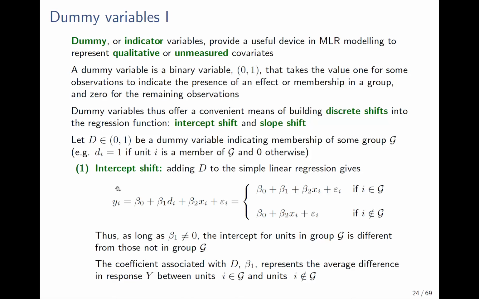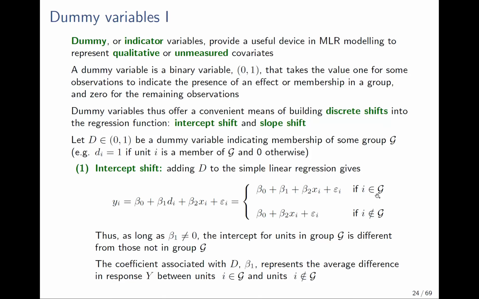So let's look first at intercept shift. Let D be a dummy variable indicating membership of some group G. Adding D to the simple linear regression gives the model shown here on the slide. So for units in the group, the intercept is beta 0 plus beta 1. For units that are not in the group, it's simply beta 0.